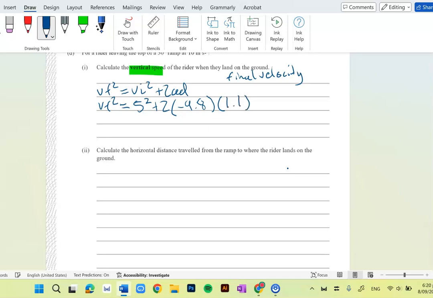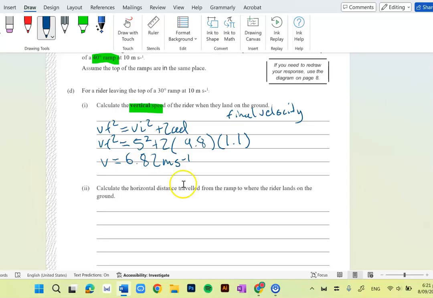Actually this should be a positive, because it's going in the same direction as it's falling down, so it won't be a negative anymore. If you put that into your calculator, you should get 6.82 meters per second.